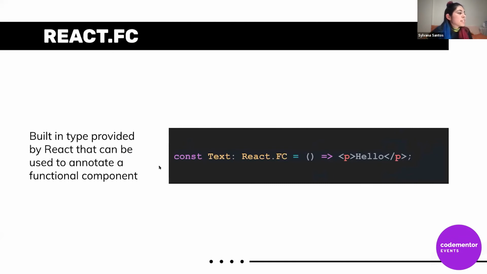So using this syntax, we can tell TypeScript that text, in this case, that's the name of the component that I have here, is a functional React component, right? I won't go into detail about React.FC, but all you need to know is that it tells TypeScript that this variable is a React functional component. So all we're doing is adding that type annotation.